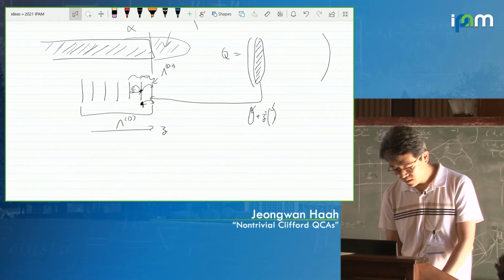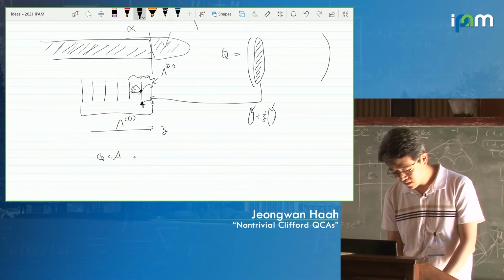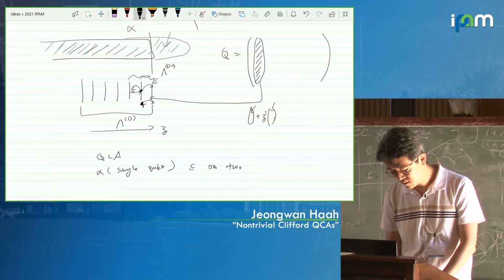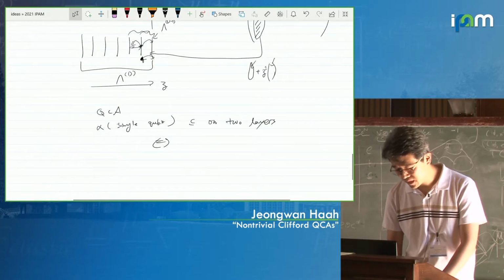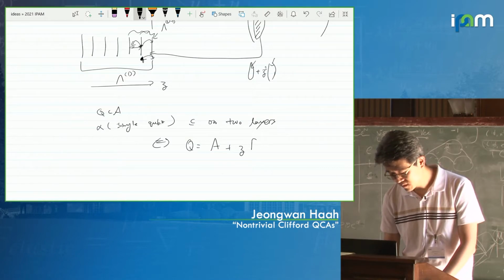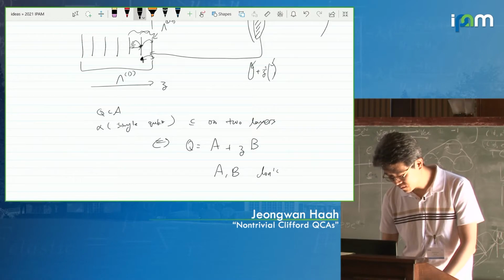Right, so QCA, image of single qubit on 2 layers. In the Clifford side, that means Q is written as A plus B z, where A and B don't have z.